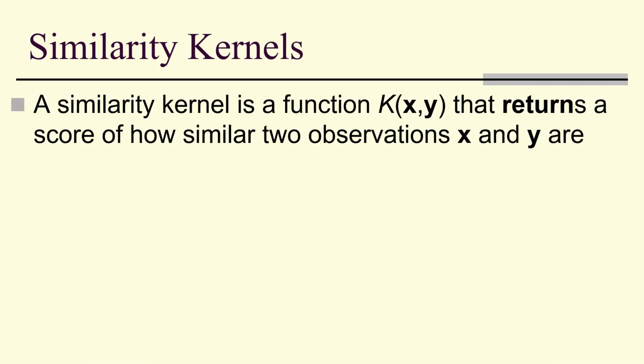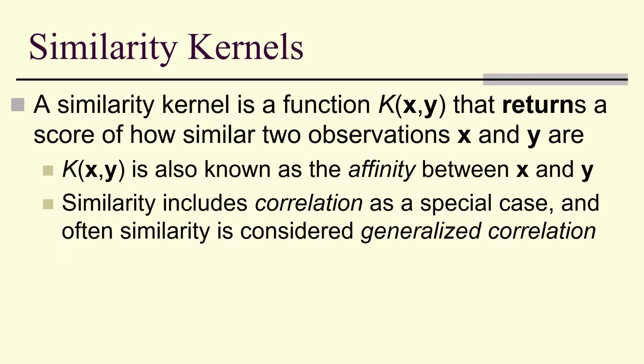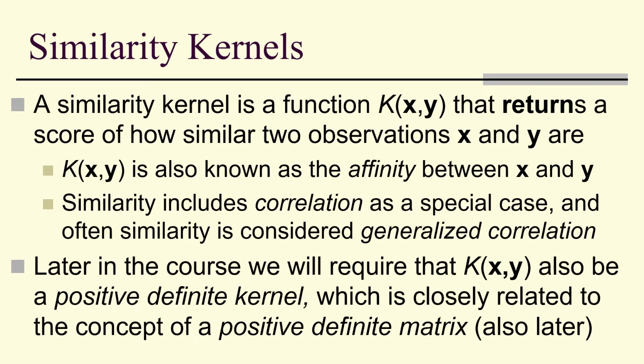Similarity kernels are functions of two variables, x and y, two observations, that return a score of how similar the two observations x and y are. Sometimes we call it the affinity between x and y. It includes correlation as a special case, and sometimes we say similarity is generalized correlation.